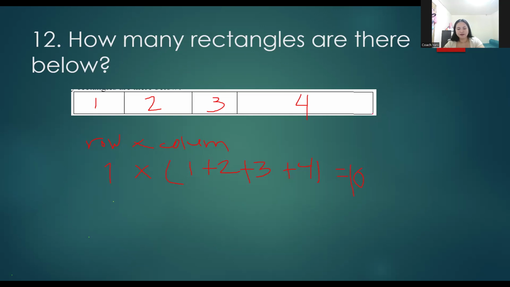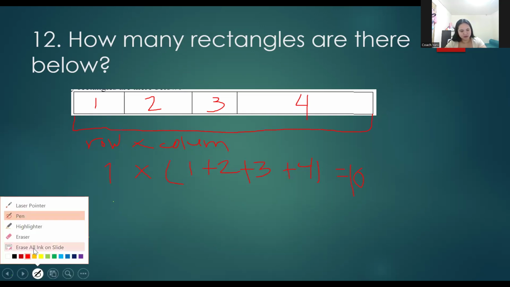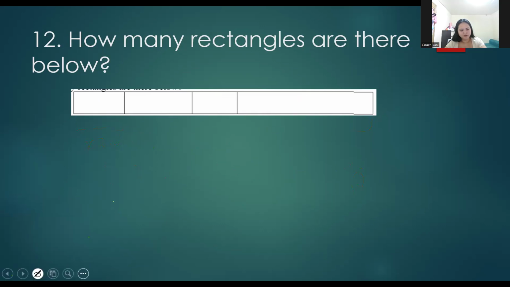So how about if you have another row here, like that one? If you have a second row, and then it looks like that, you just do the sum of the rows times the sum of the columns.